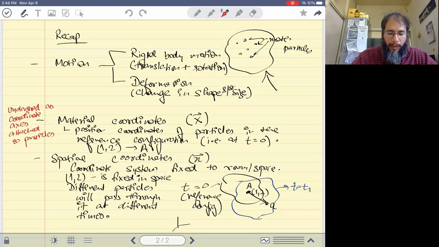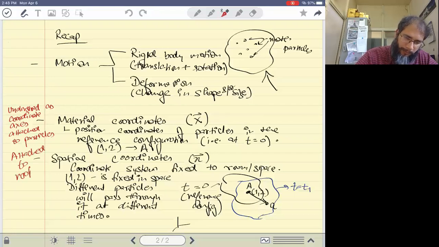Because when I say 1, 2 in the material coordinate system, it's always referring to particle A. So it's as if I'm attached to particle A, and I follow the situation of particle A in time. Whereas the spatial coordinate system is attached to your room.